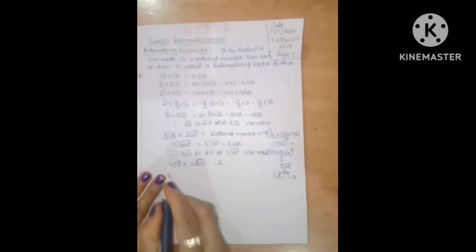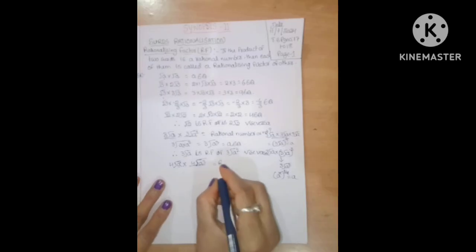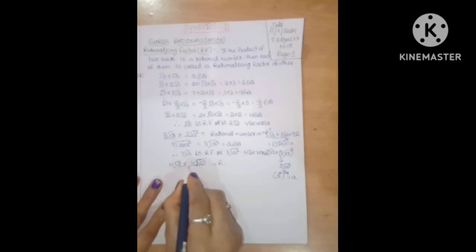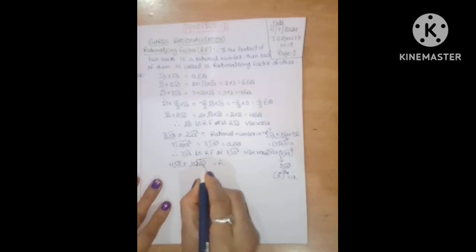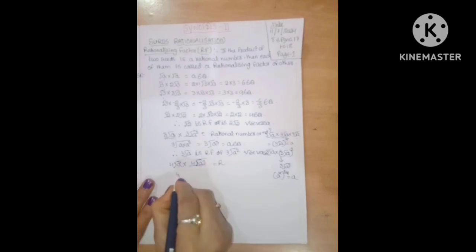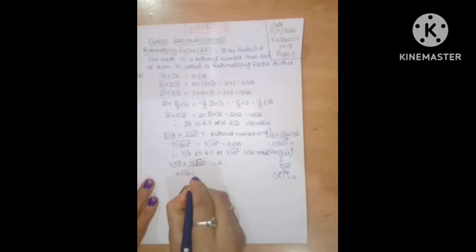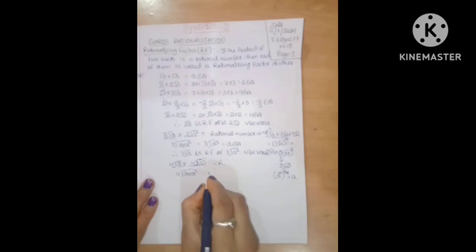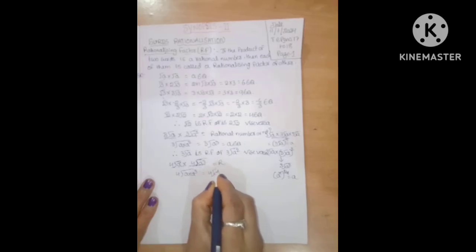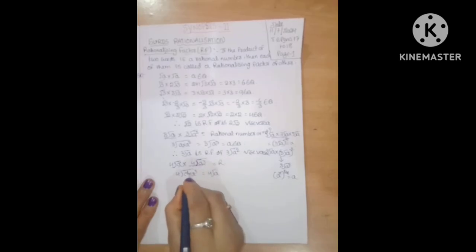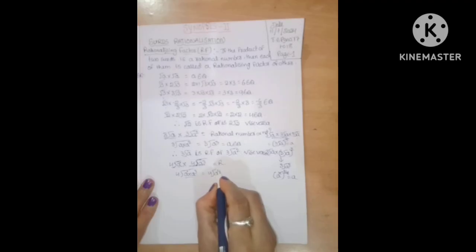The rationalizing factor of the 4th root of a is the 4th root of a cubed. Here the order is the same, so the product of the radicands a into a cubed is the 4th root of a to the power of 1 plus 3. Your base is the same, so we can add the exponents: 1 plus 3 is 4.